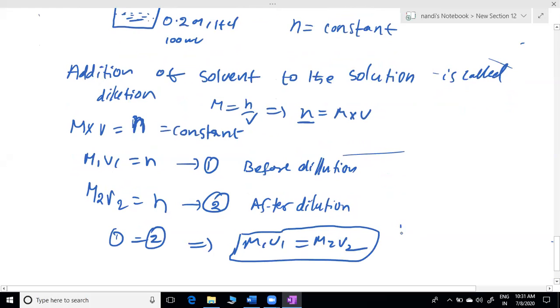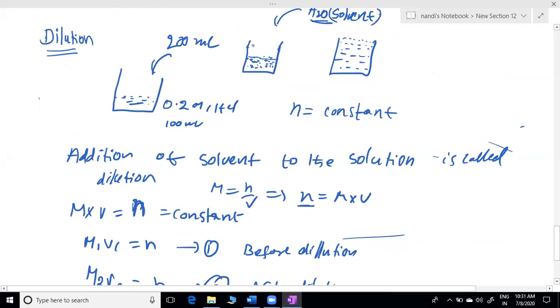So V2 you can write as V1 plus added solvent. How much extra solvent are we adding, sir?